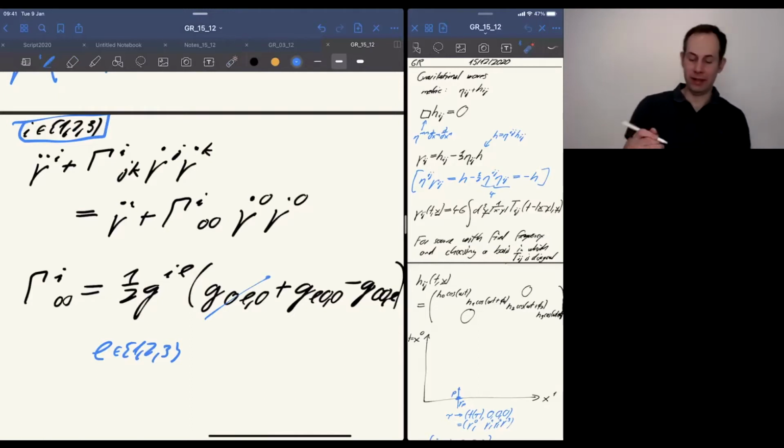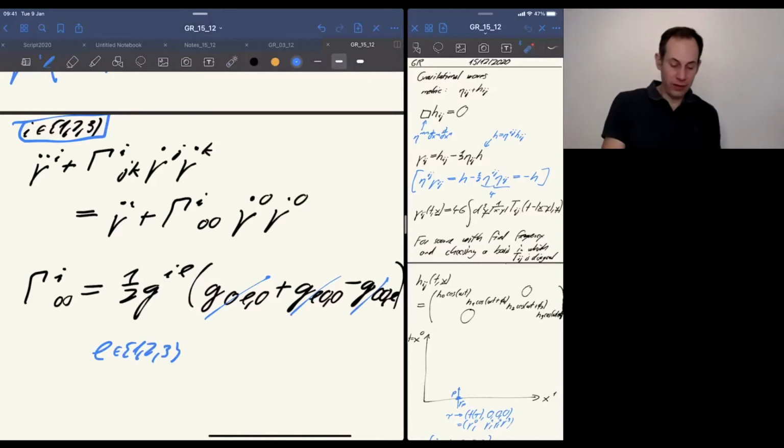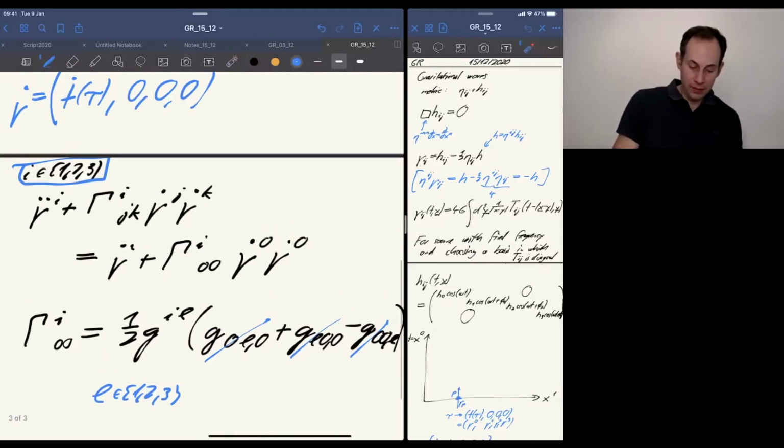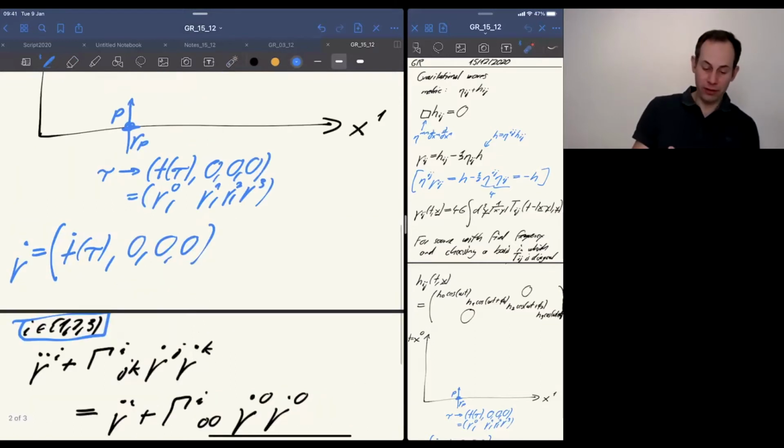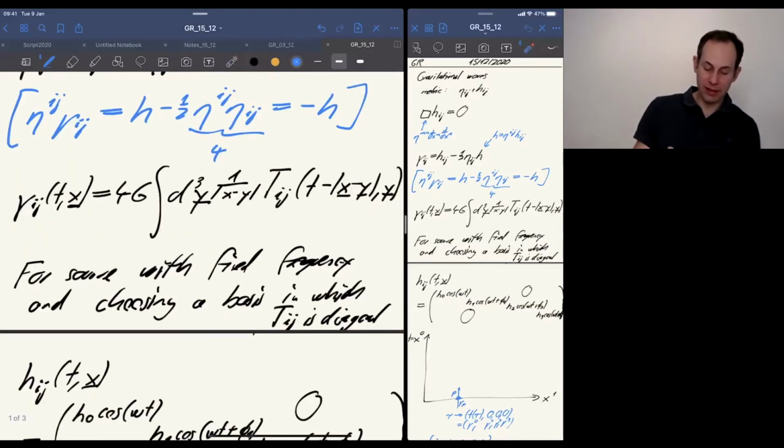So the entry 0 something, non-zero simply doesn't exist. I don't even have to care about the derivative. The same for the second term. And the last term is also 0 because we assumed that in the metric, the spatial dependence disappears.